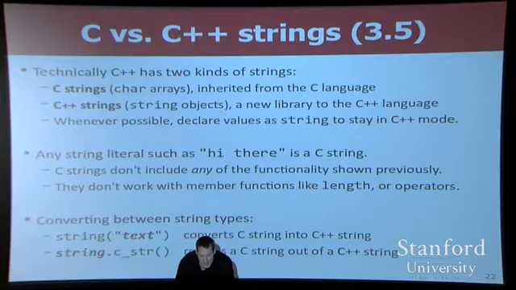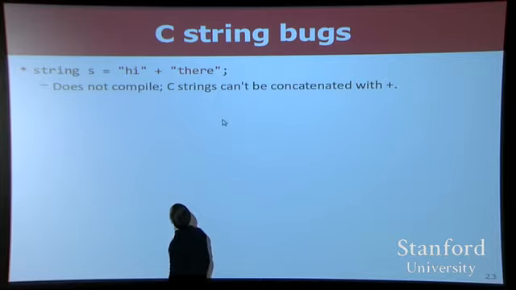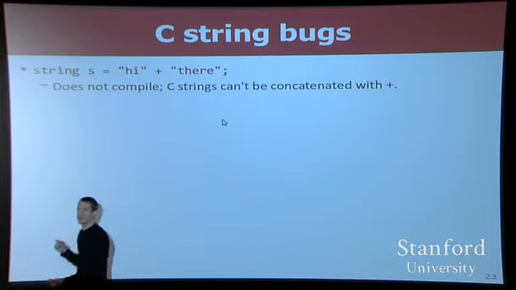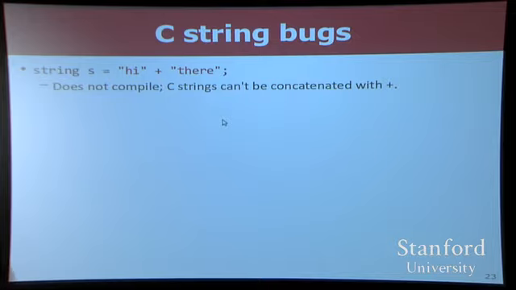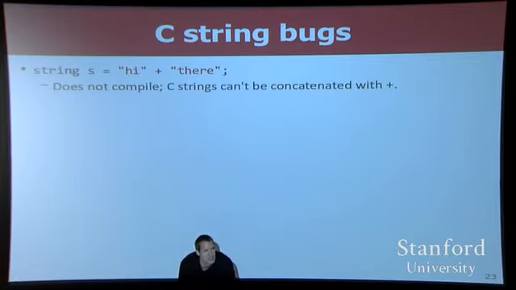So that means, this being the case, if you try to say "hi" plus "there", that doesn't work because the plus operation is an operation of C++ strings. And those are not C++ strings yet. They're C strings.